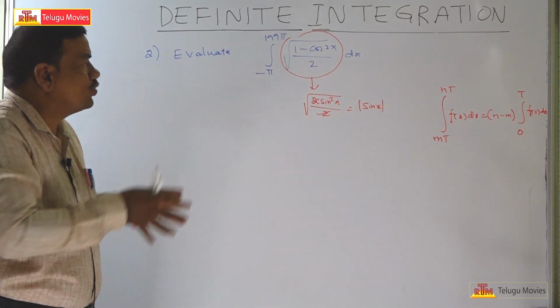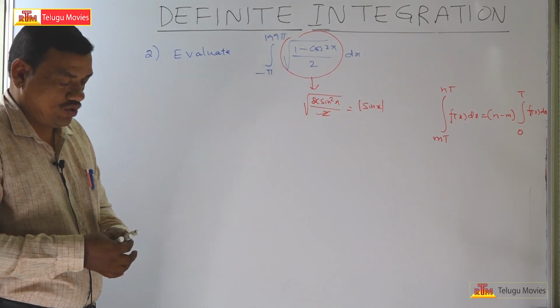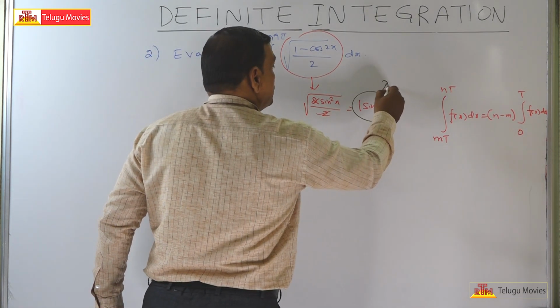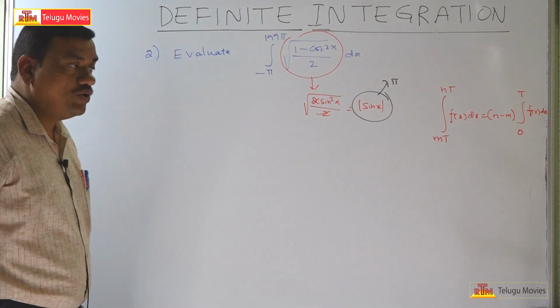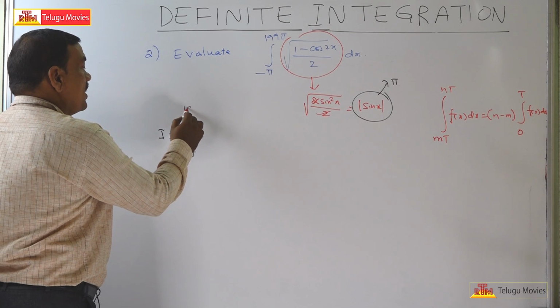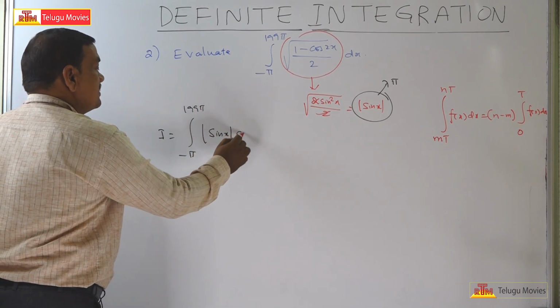So whatever may be that, root of 1 minus cos 2x by 2 is modulus of sin x. We know that modulus of sin x periodicity is pi. That means now your problem is integral I minus pi to 199 pi modulus of sin x dx.